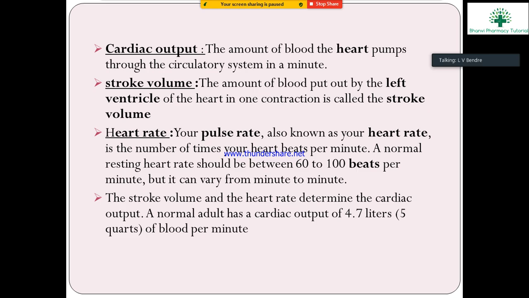Your pulse rate is also known as your heart rate, both are the same. It is the number of times your heart beats per minute.